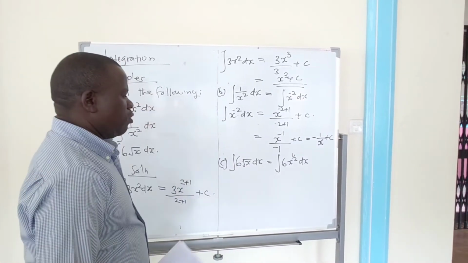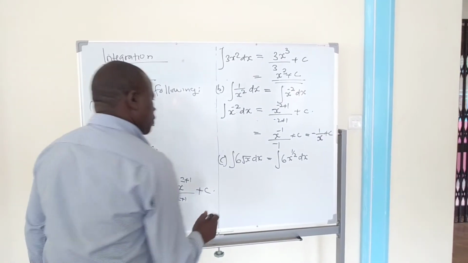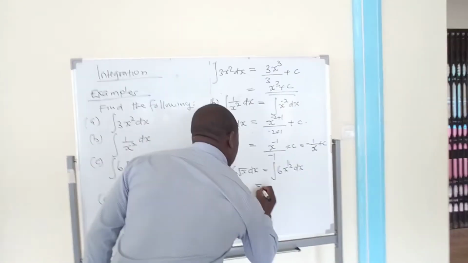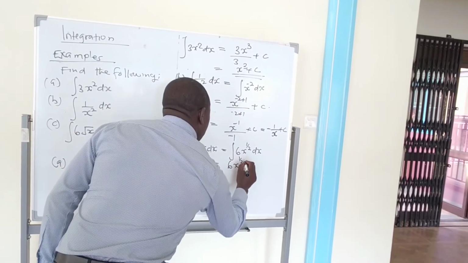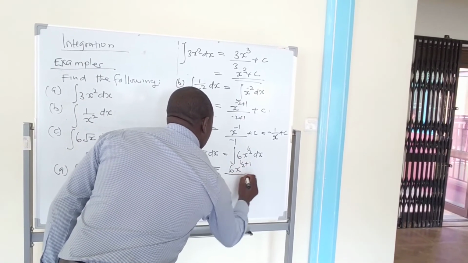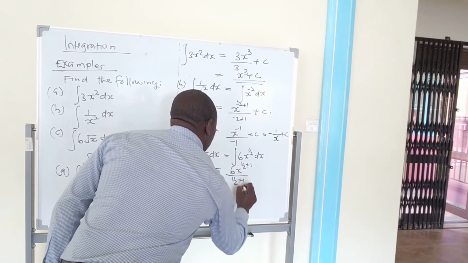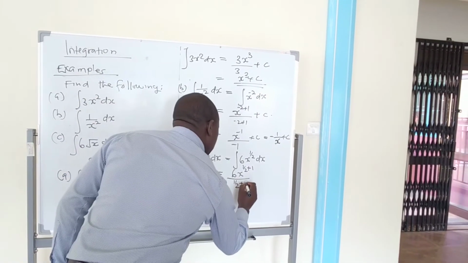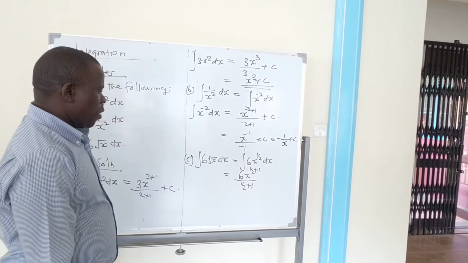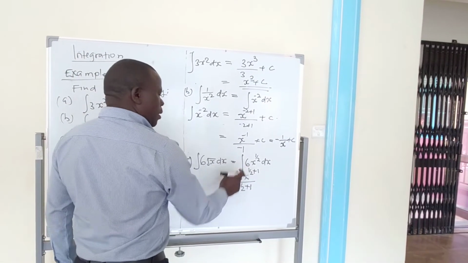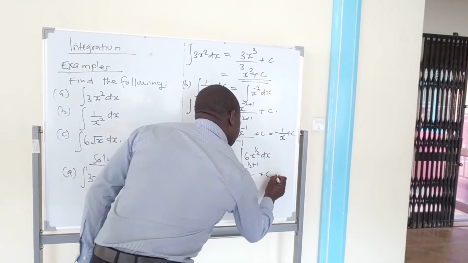Now can I apply my rule of integration? This gives me 6 x to the power half plus 1 over half plus 1. And remember, I told you earlier on, once this is done, two things must be done. One, you drop the integral sign. Two, you introduce the constant.